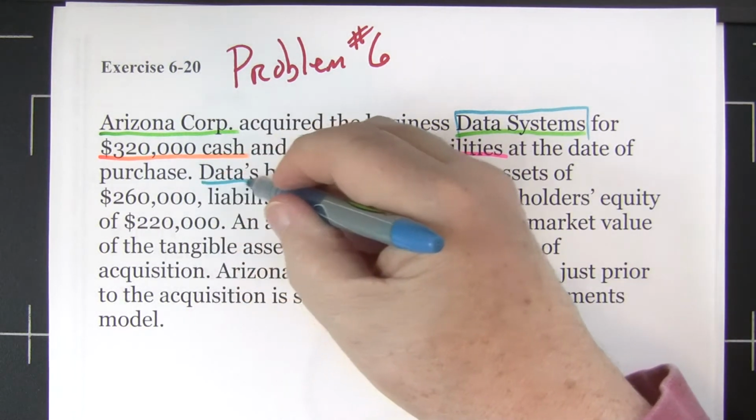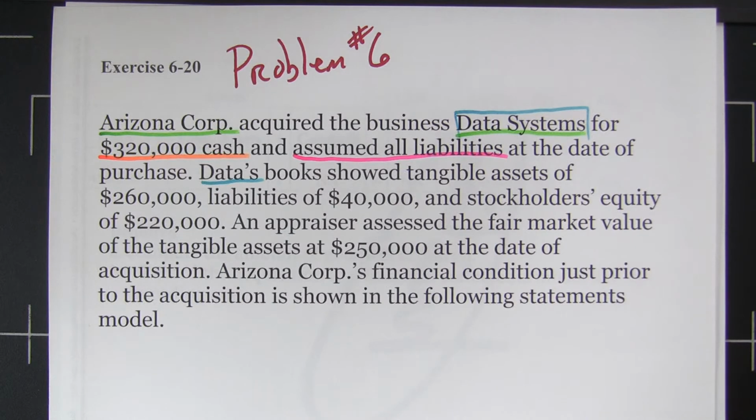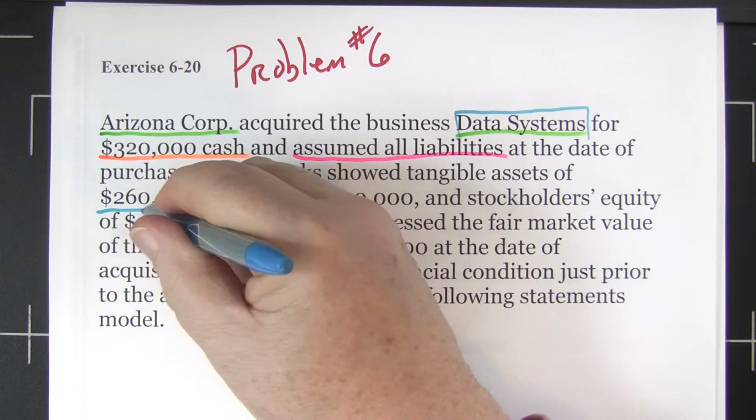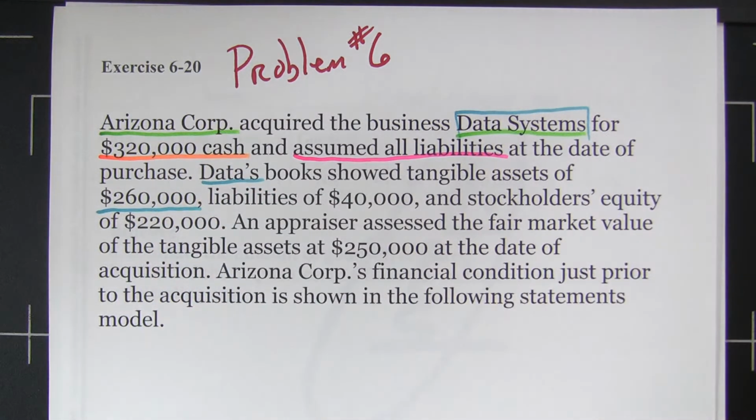Data's books showed tangible assets, property, plant, equipment, furniture, fixtures, boats, planes, trains, automobiles, of $260,000. Remember, a company's assets cannot include their talented workforce. It can only include stuff that you can legally own.